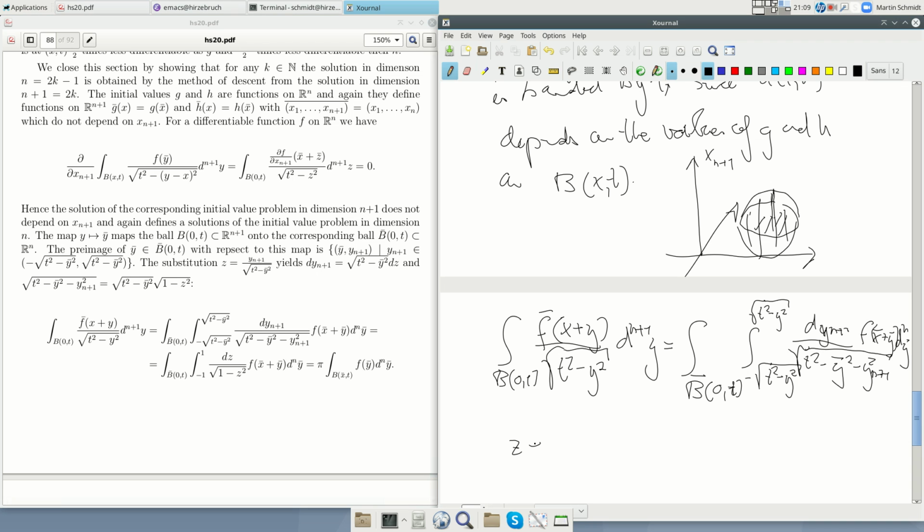We call z equal to yn+1 divided by square root of t square minus y bar square.